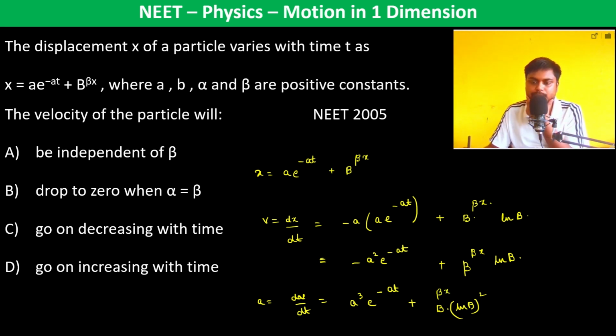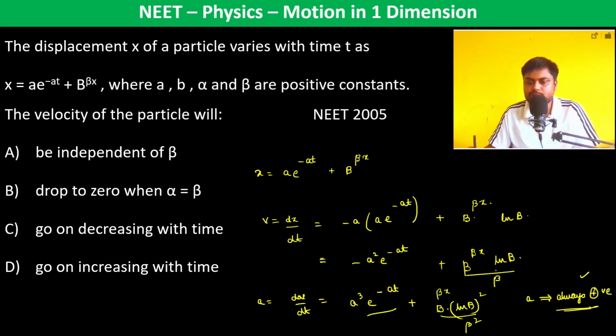Of course there may be some divided by beta also, so divided by beta square. Now we see acceleration is always positive, because this is always positive and this is always positive. So therefore the velocity of the particle will go on increasing with time because the acceleration is positive.